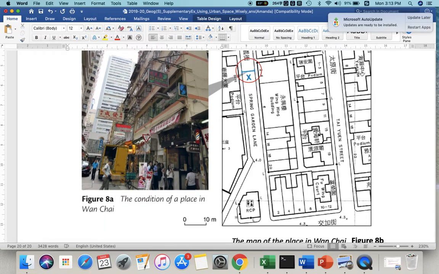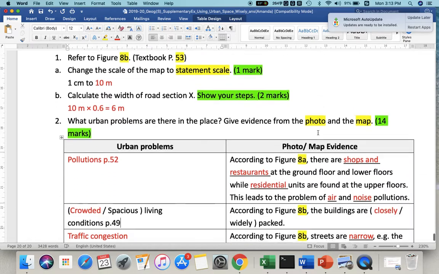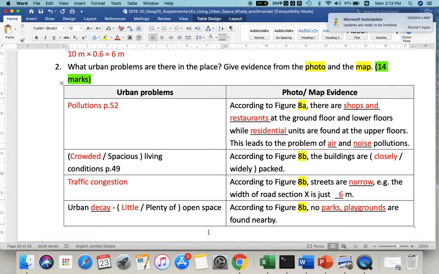Especially now you can experience the boredness because you are at home, you can't go anywhere. So if no recreation facilities, it will be quite tough to live. So you could see from figure 8b, no parks, no playgrounds are found nearby, and it means there is only little open space. And this is actually reflecting the urban problem of urban decay.